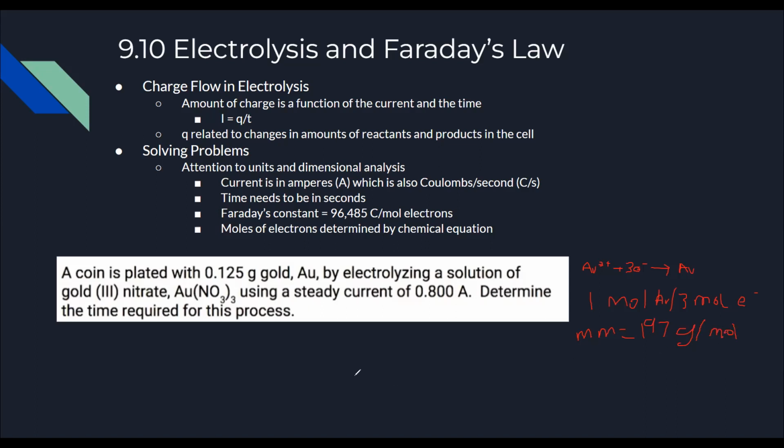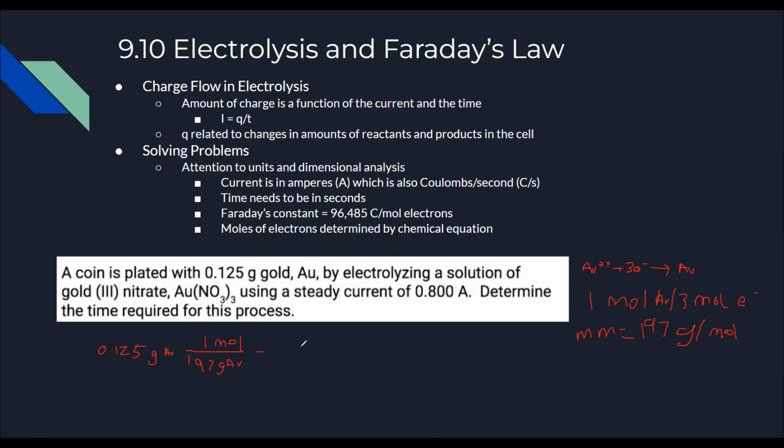And so you have to set up a dimensional analysis. What you have over here is 0.125 grams Au, and put units, it just makes life easier. Then you use the molar mass, which is 197 grams per one mole Au.